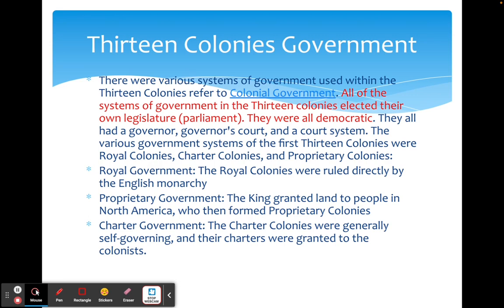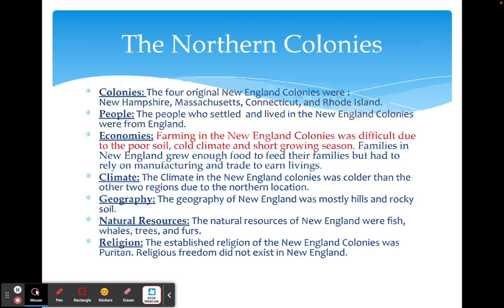A proprietary government is one where the king gave land to people in North America and then they formed their own colonies. An example of this would be Maryland, which was established as a proprietary government. The charter colonies were generally self-governing and their charters were granted to the colonists. So Virginia and Massachusetts would be examples of those.